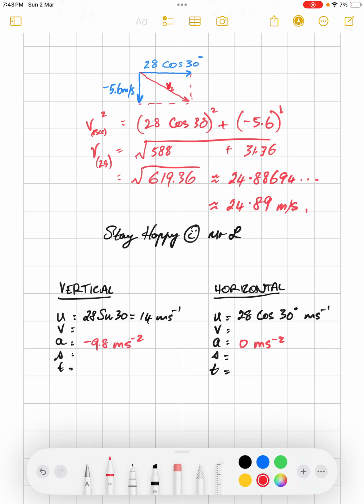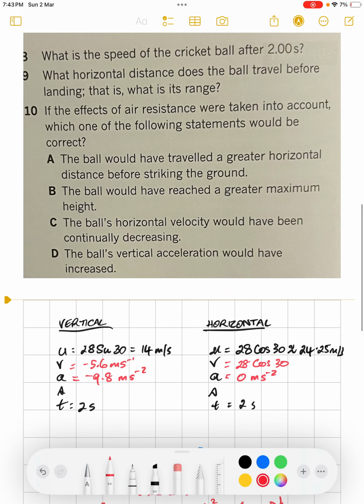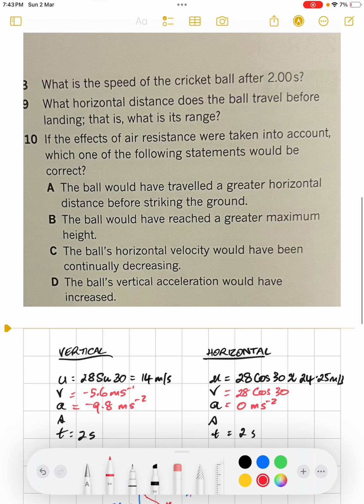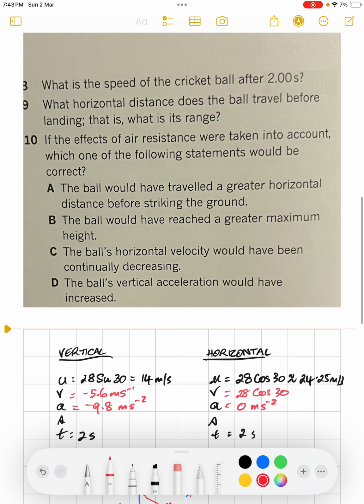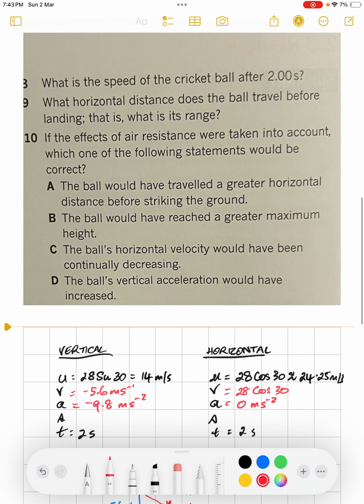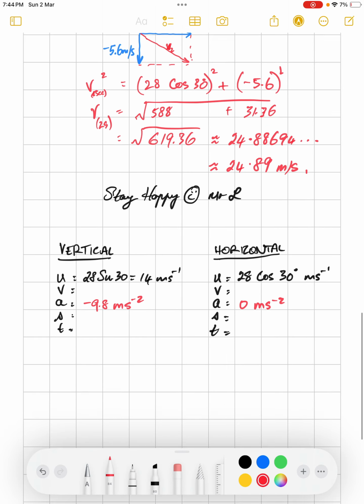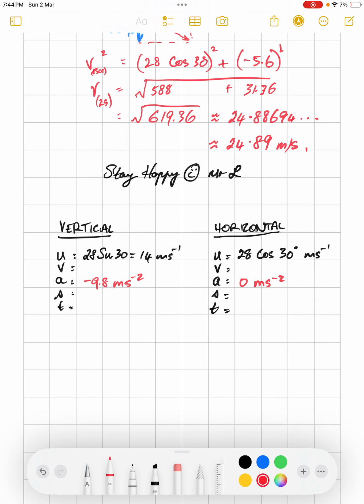And we're after the displacement when the time... what are we after? The range, right? What horizontal distance does the ball travel, what is its range? Well, we want its vertical displacement to be 0 meters.